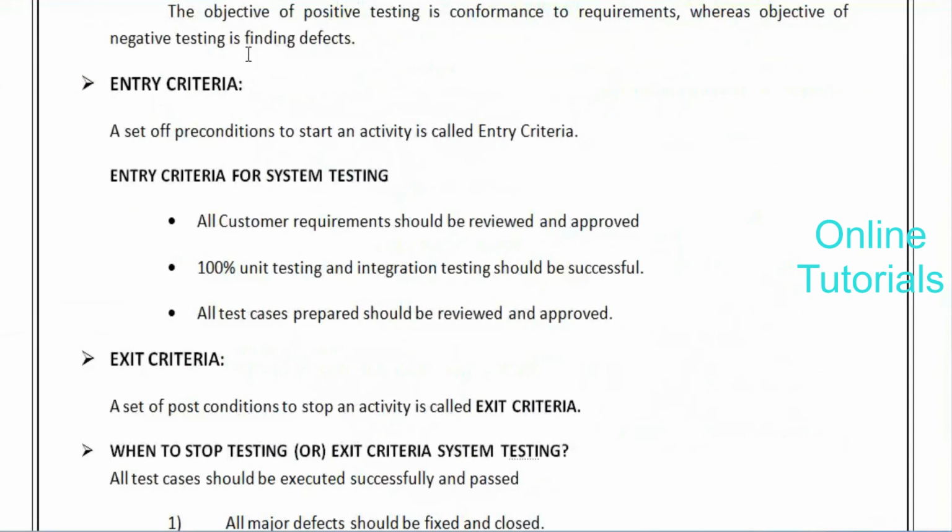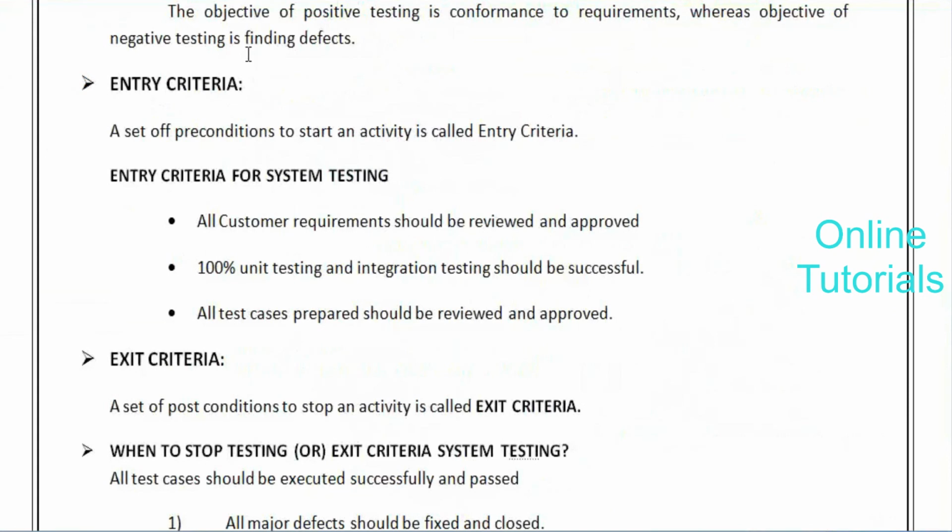Then only we go for system testing. That is the major thing.